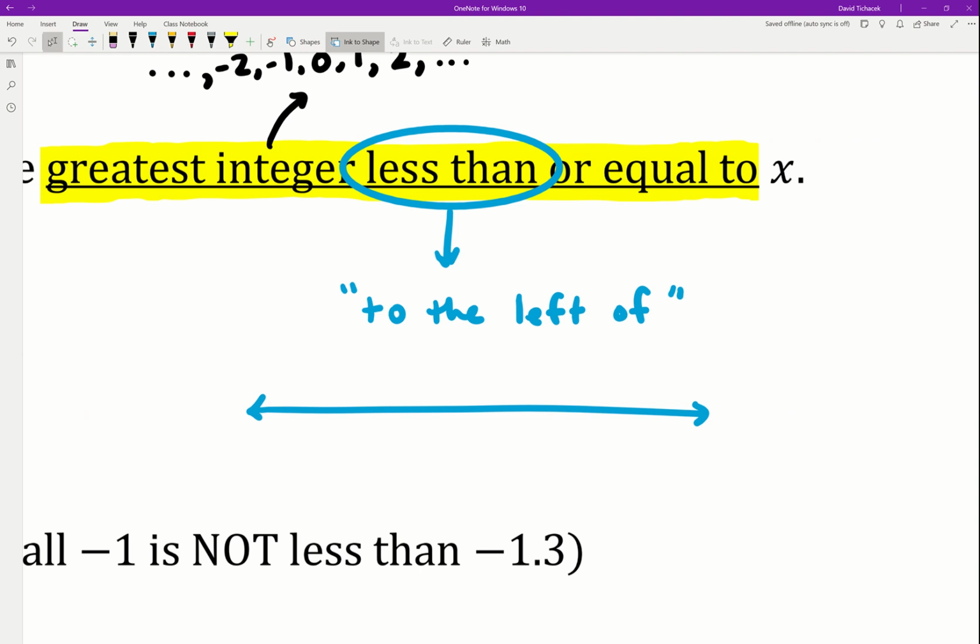If we were on the number line, maybe say 0 is right here, 1 is right here, and 2 is right here, we might graph a number like 1.7 to be approximately about right there. We're asking what is the greatest integer that is less than 1.7, and even though we're super close to 2, we're going to go to the left of 1.7 and say that that result would actually be the number 1. That's the greatest integer of 1.7, right?